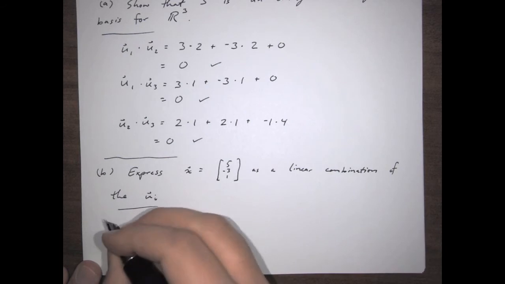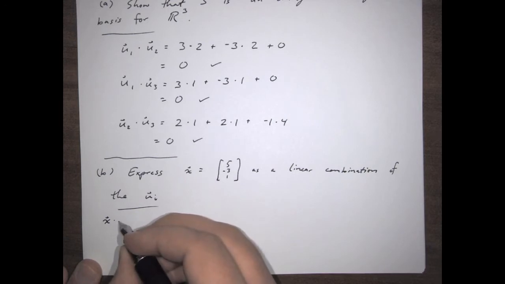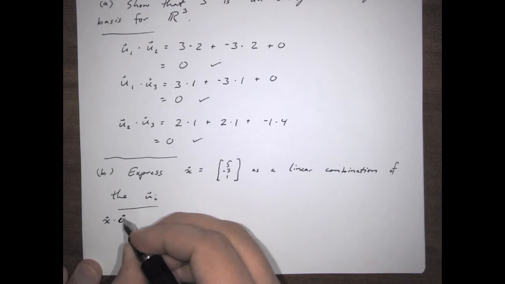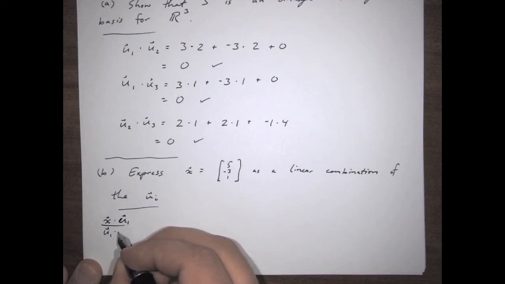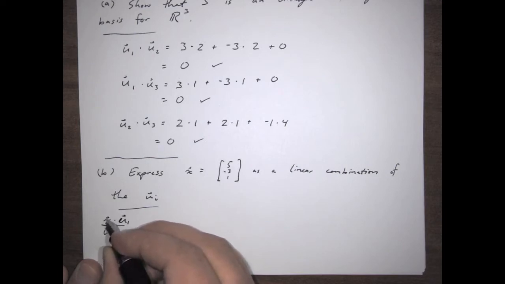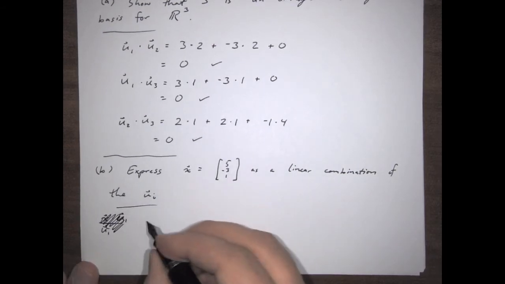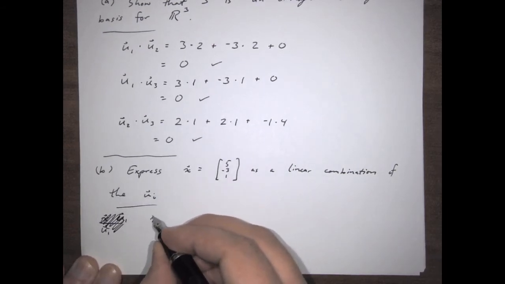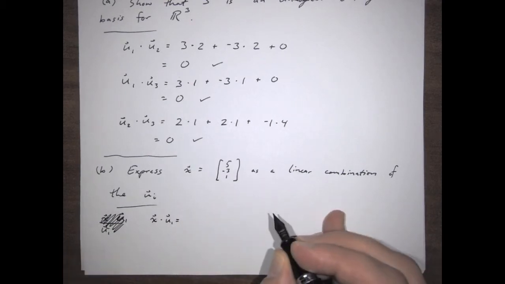So we can just start calculating according to the formula for the ci. So that's going to be x dot u1 divided by u1, scratch that. Let's just take it piece by piece here. x dot u1. That'll be piece number 1 here.